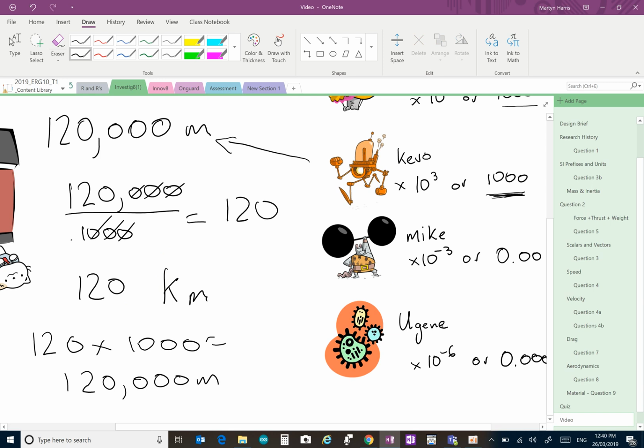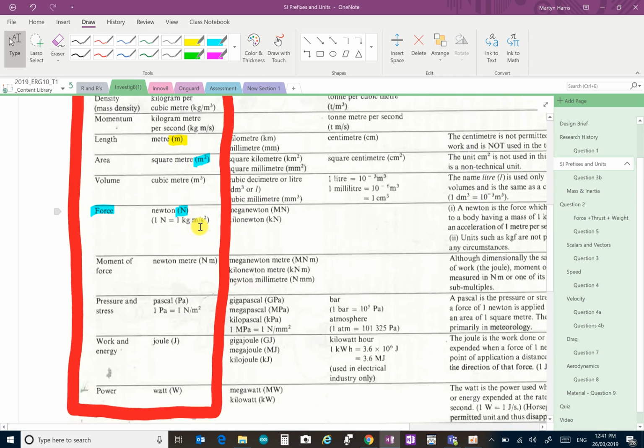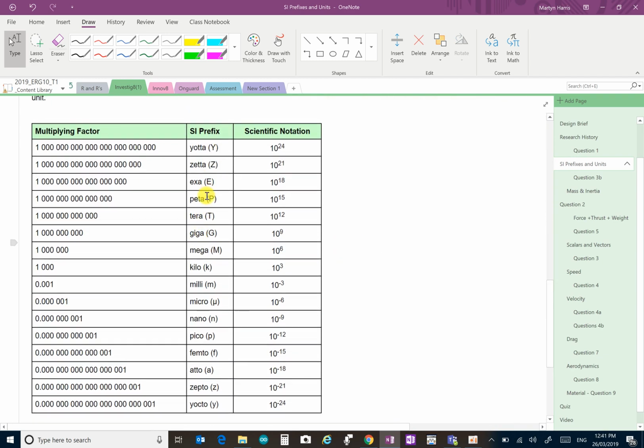And this is exactly what we do. Instead of using a Kev, we actually use a K, which is a kilo, which represents 1,000. And these are our SI units that we have down here. These numbers represent these values for those units, and we can put them in to simplify.